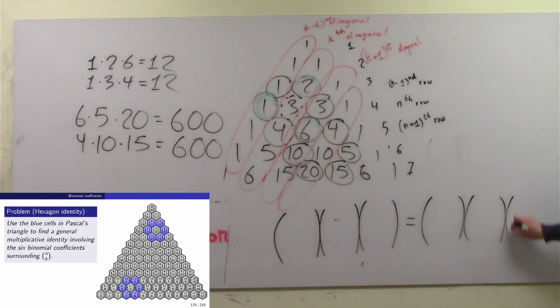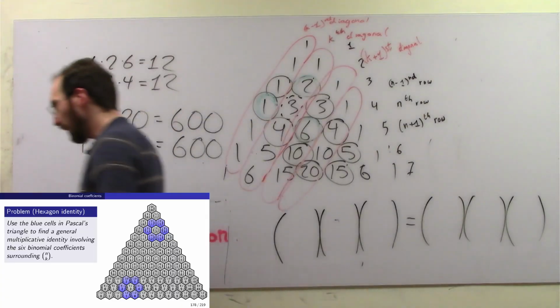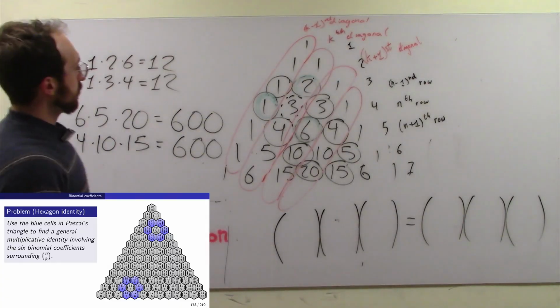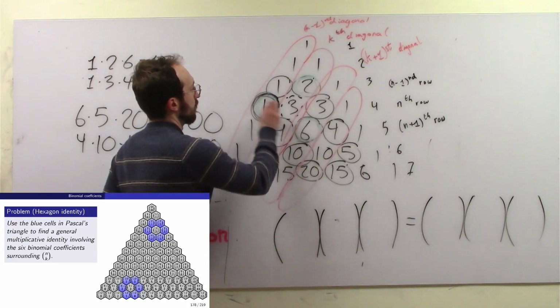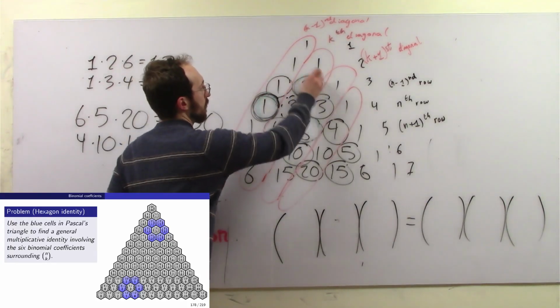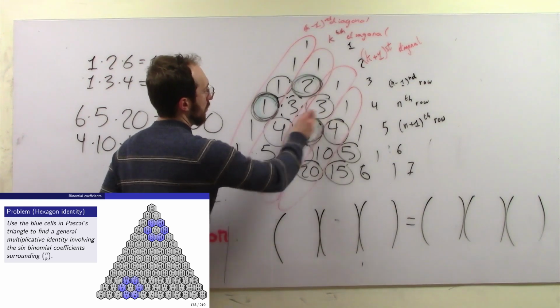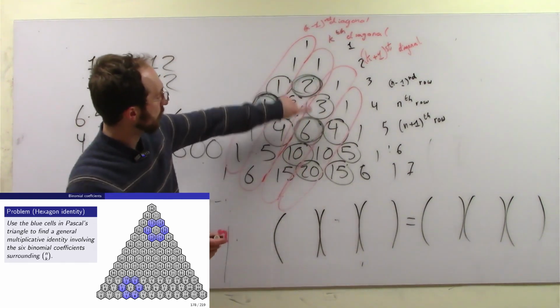Let's build these hexagons. Let's do this triplet first. So this one, and this one. This 1, this 2, and this 6.